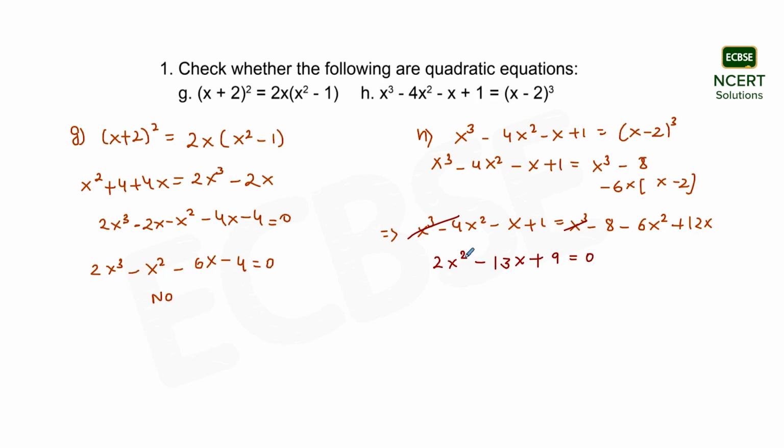And the coefficient is not equal to 0, which is 2 in this case, right? So the conditions for the equation to be quadratic, that is the highest power has to be 2 and its coefficient needs to be not equal to 0, both have been fulfilled. So I can easily conclude that the equation provided in the question is a quadratic equation. So yes, this equation is a quadratic equation.